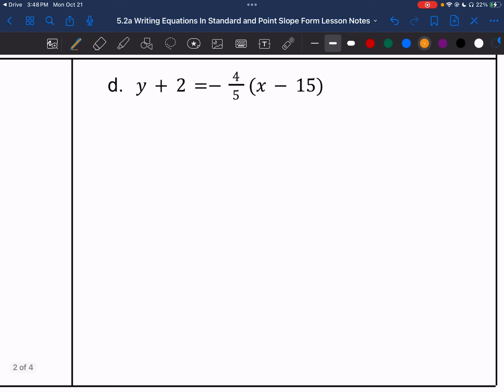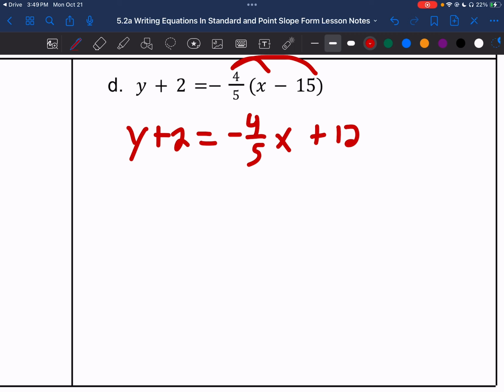Now, letter D, if we're going to use that same approach, distribute first, we get y plus 2 is equal to negative 4/5 x. Negative 4/5 times negative 15, that's going to be plus 12, because negative 4 times negative 15 is positive 60.